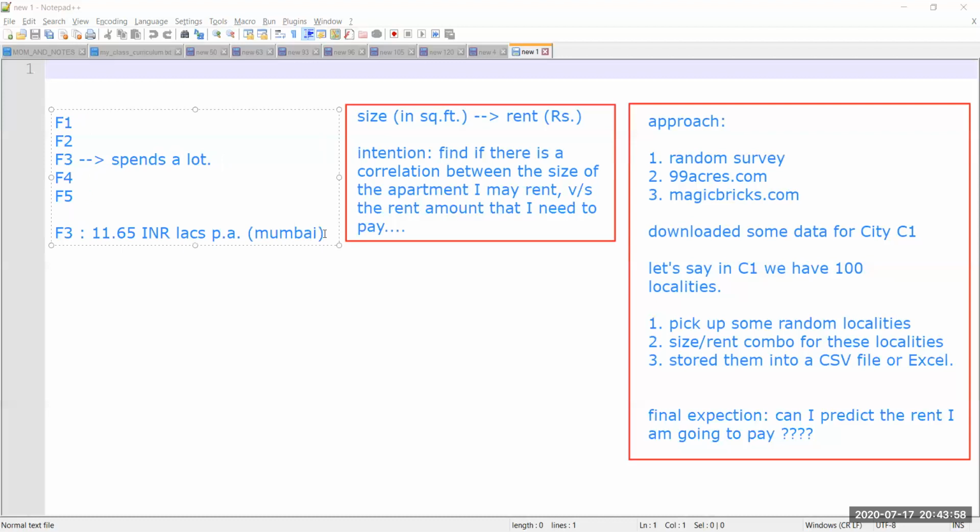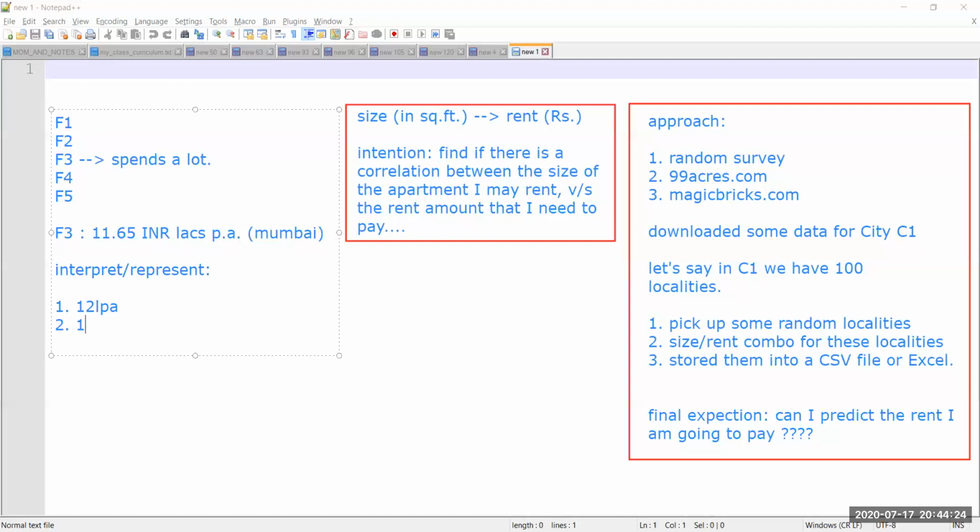Now, is this the only way in which this answer can be represented? The answer is no. If you look at this value, I can interpret or represent it in multiple different ways. First of all, I can represent this as 12 lakh per annum. Why? Because if I round off 11.65, it's going to come up as 12.